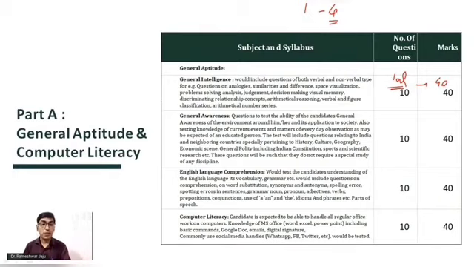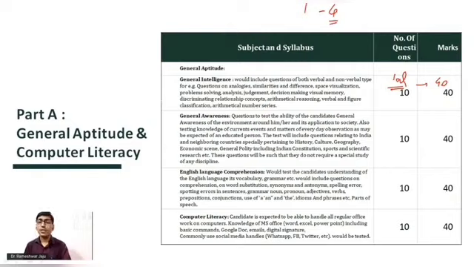Not only this, many different sports achievements, even scientific achievements, all make their way into general awareness. So here we have to prepare at a very advanced level. I must say that Pratiyogita Darpan is one of the best ways by which you could prepare general awareness.